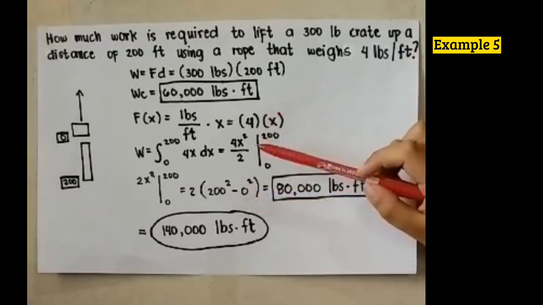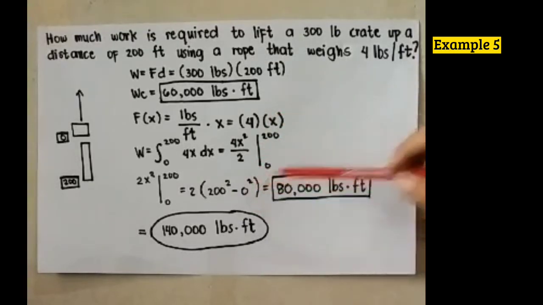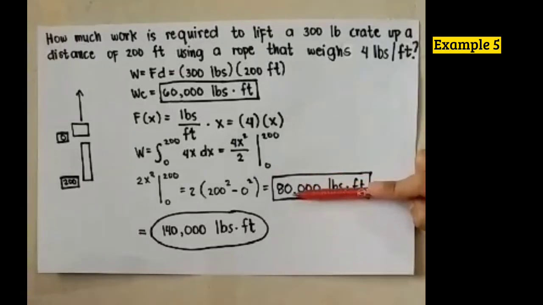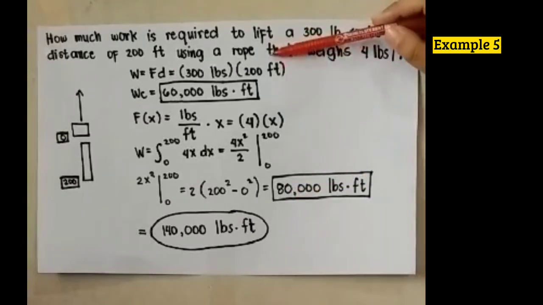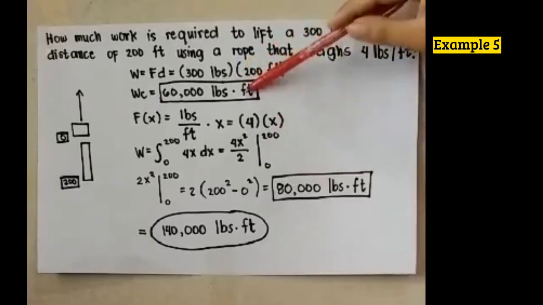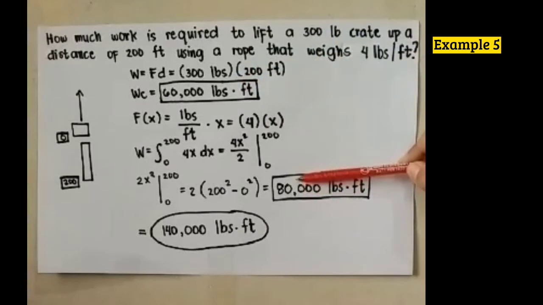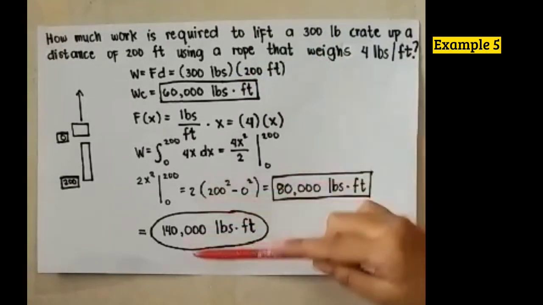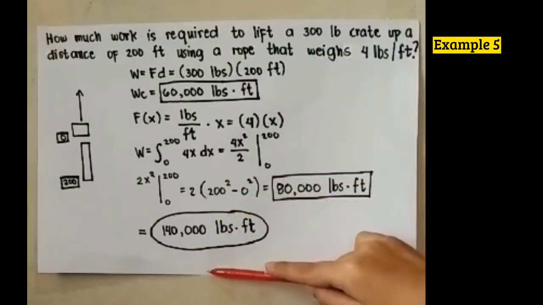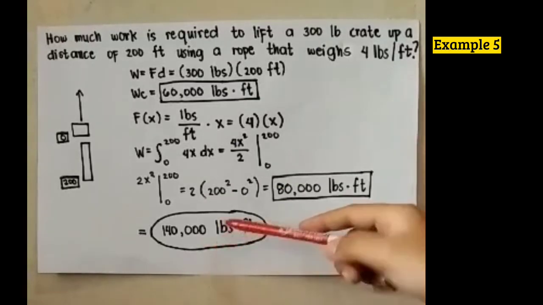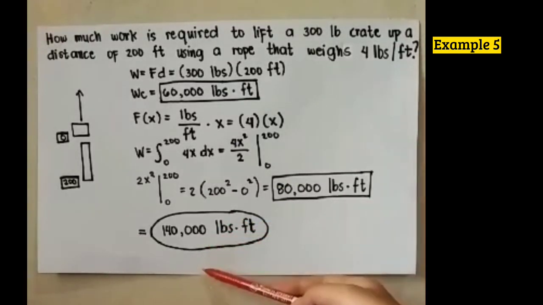If we multiply that by 2, that gives us 80,000 pounds times feet. So the total work required to lift up the crate along with the rope is the sum of these two numbers. 60,000 plus 80,000 is 140,000 pounds times feet. So that's the total work required to lift up the crate and the rope.